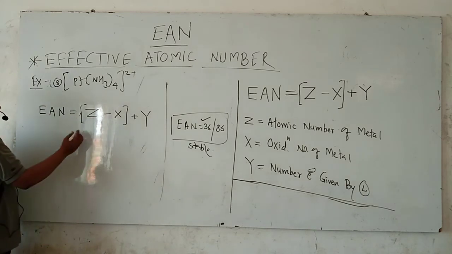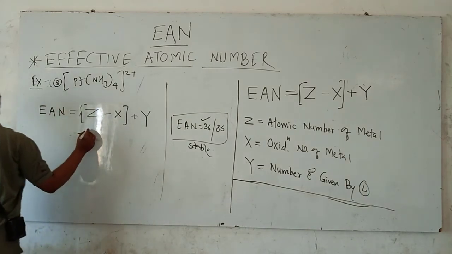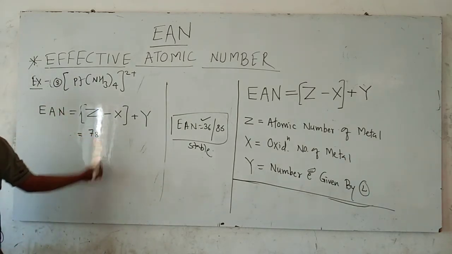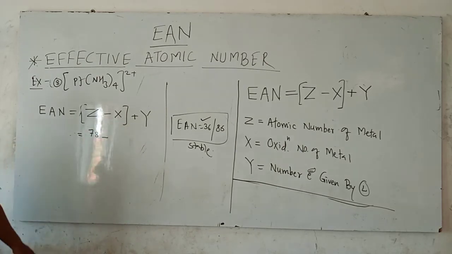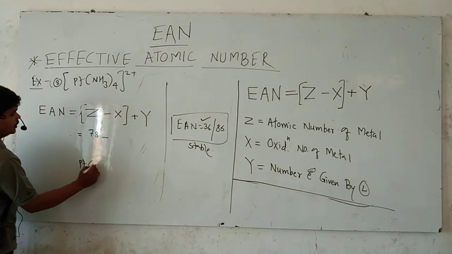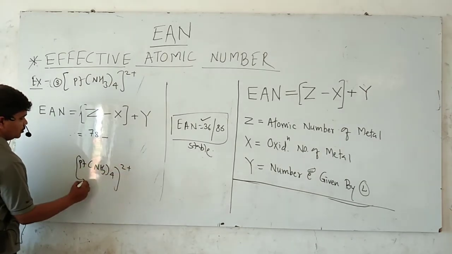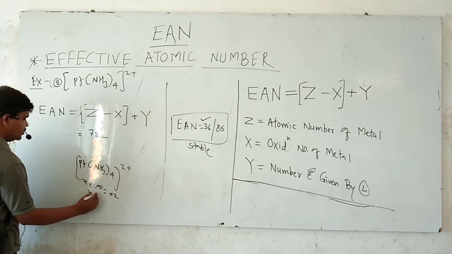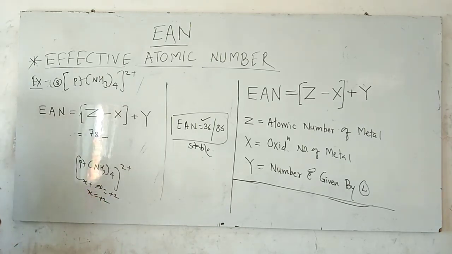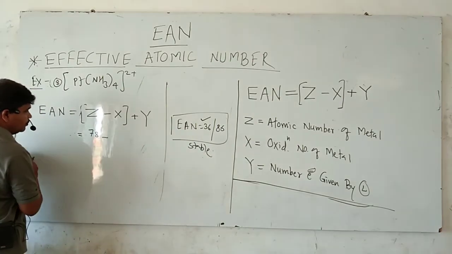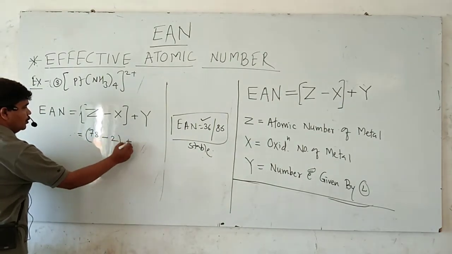Z is the atomic number of Pt. 6 is equal to plus 2. So oxidation number is plus 2, right? So it is 2. Why?